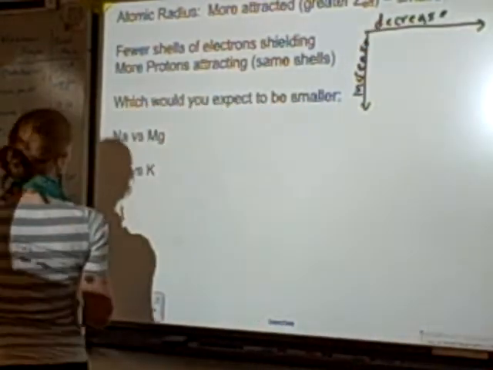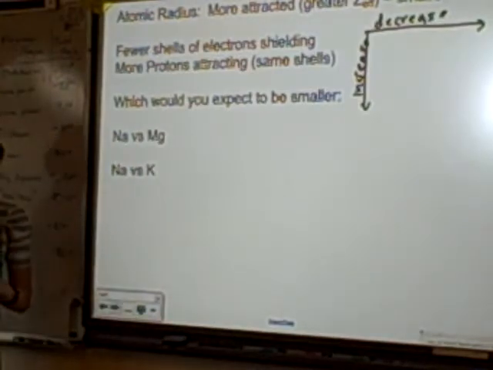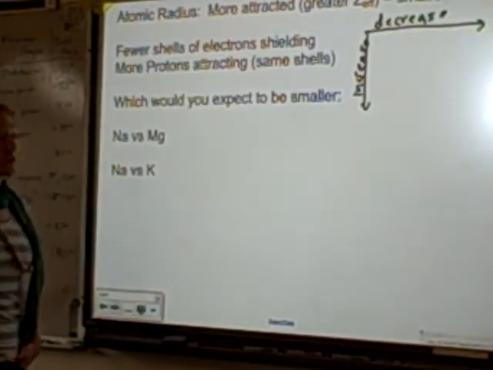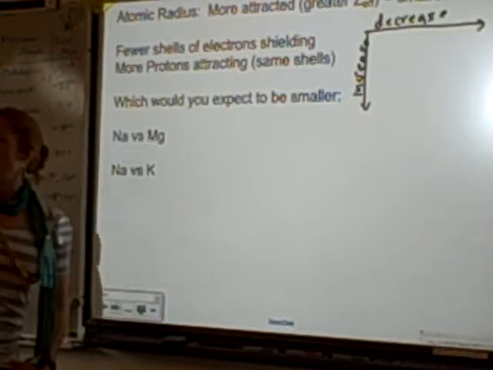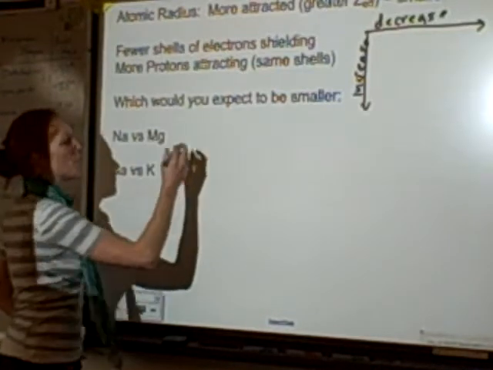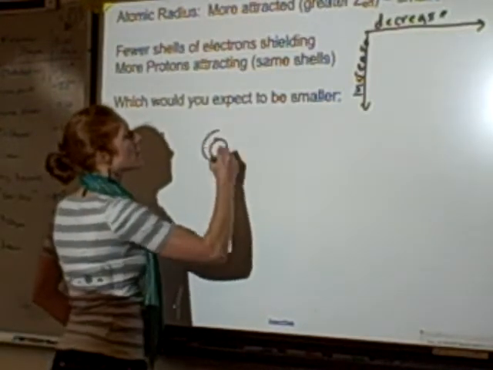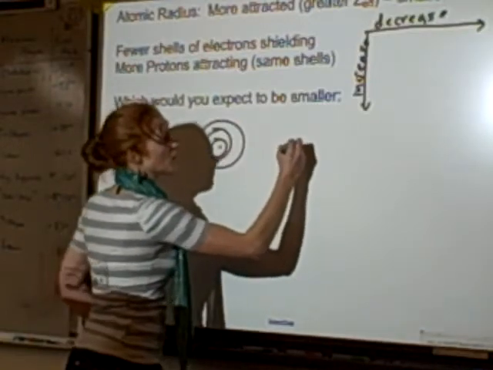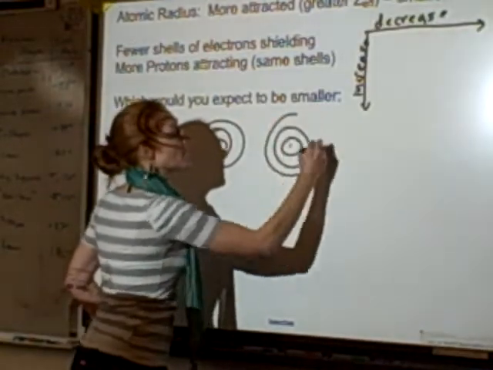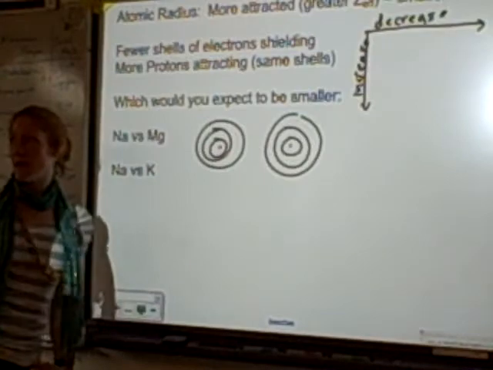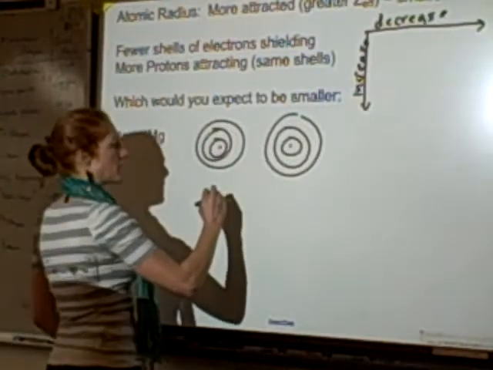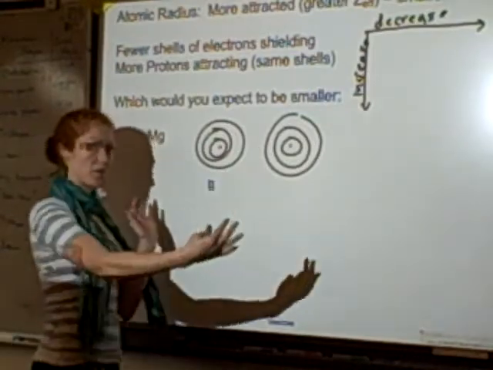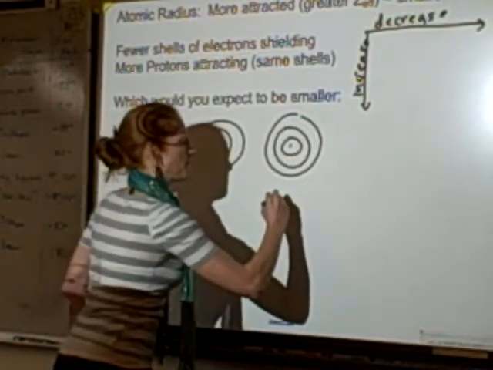So let's look at which would we expect to be smaller. First we have sodium versus magnesium. So I look on the periodic table, I can see they're both on the 3rd shell. So the same amount of shielding, I can't really compare that. So then I look at the number of protons. And I can see that sodium has 11 protons attracting its electrons.